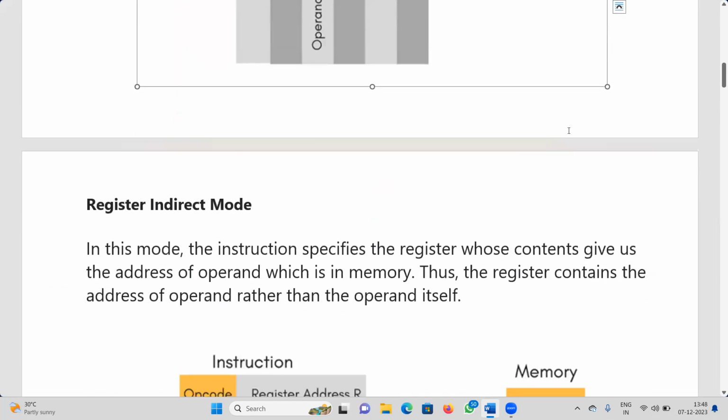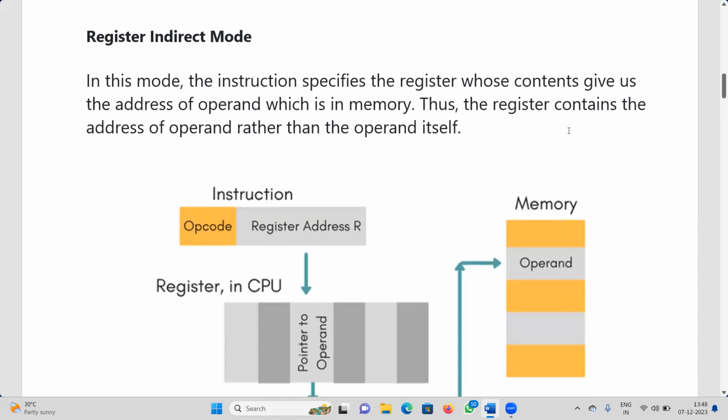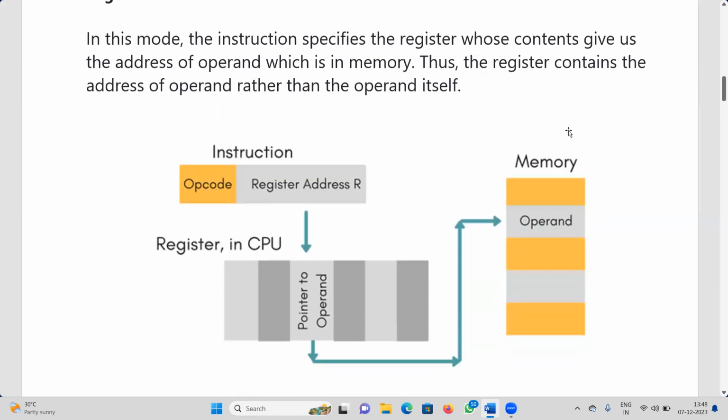And the next one is called register indirect mode. In this, the instruction contains the register where the effective address is stored in the CPU register. Then the CPU register points to the operand available in the memory.